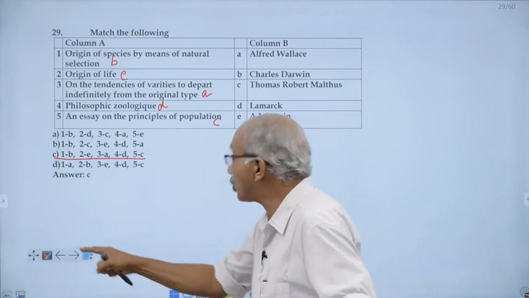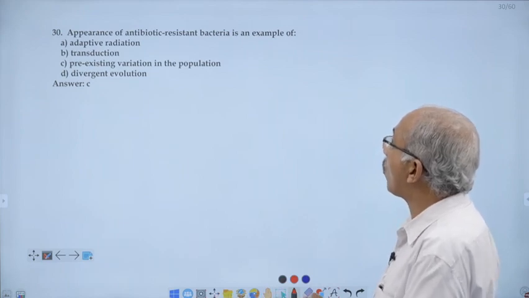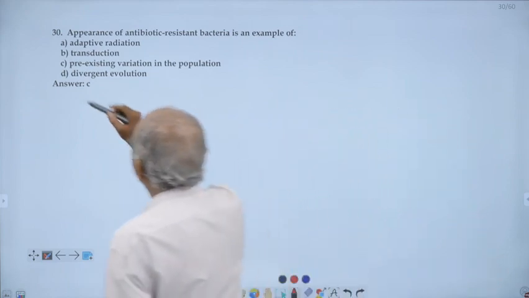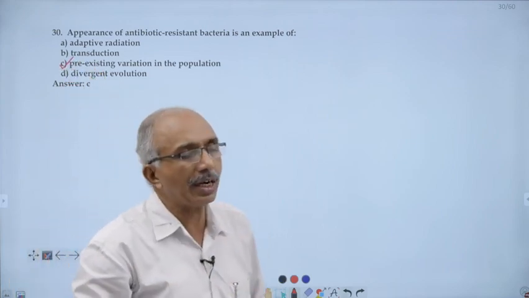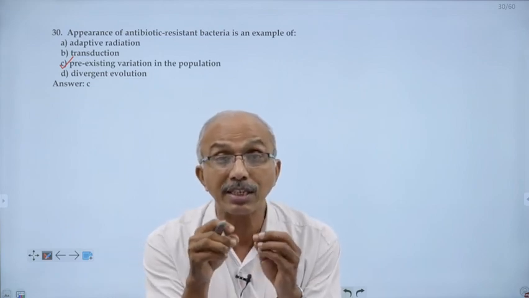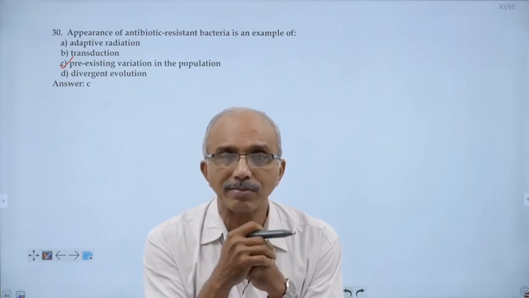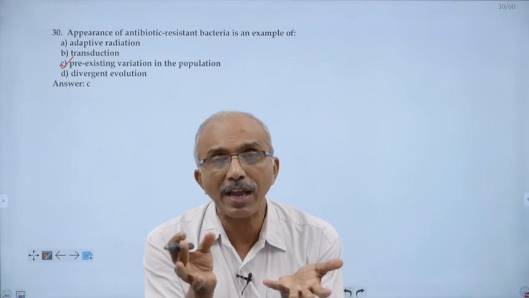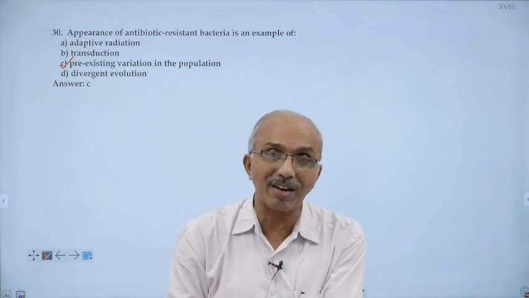Coming to the last question, question number 30. Appearance of antibiotic resistant bacteria. It is pre-existing variation in the population. That is, antibiotic resistant varieties did not evolve because of antibiotics. Antibiotic resistant varieties were already there.